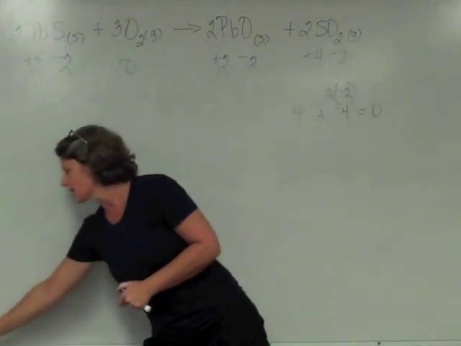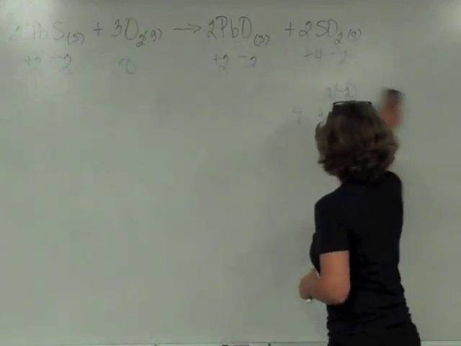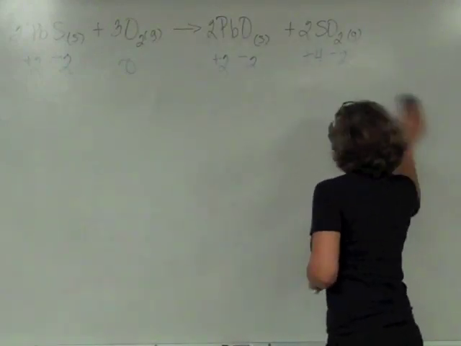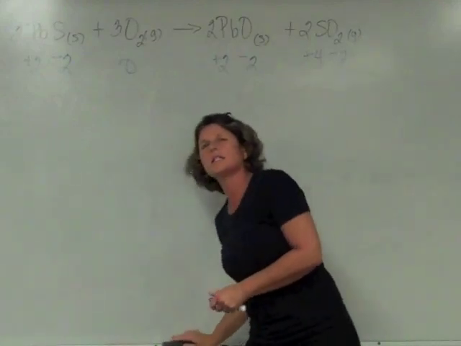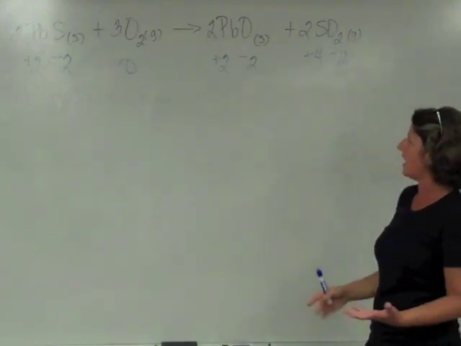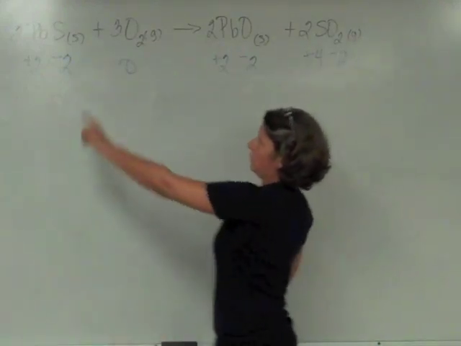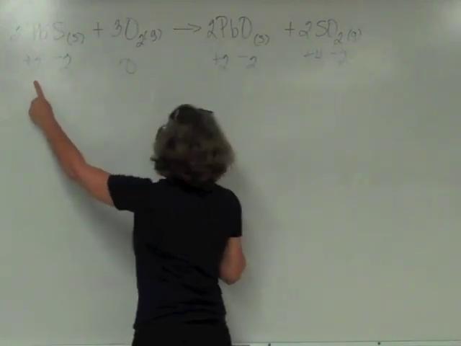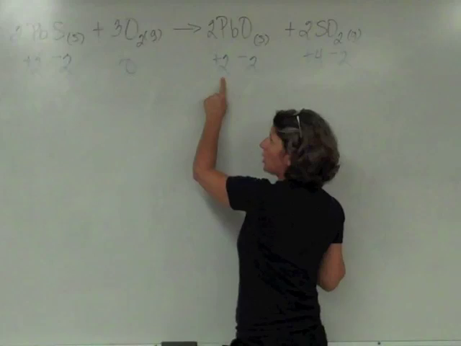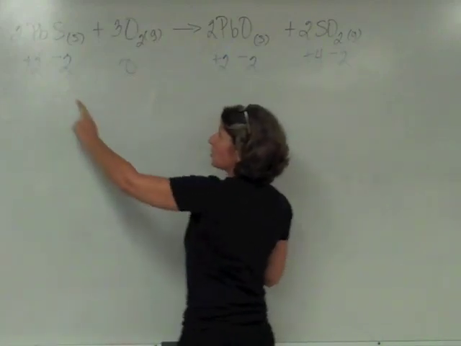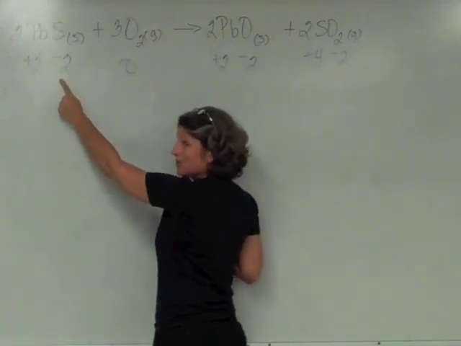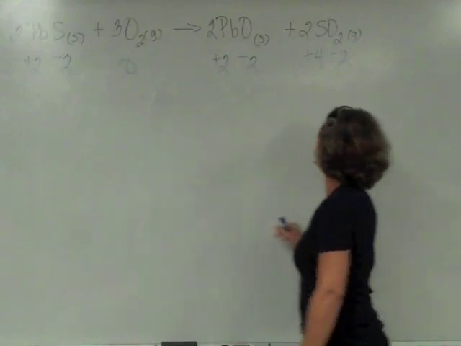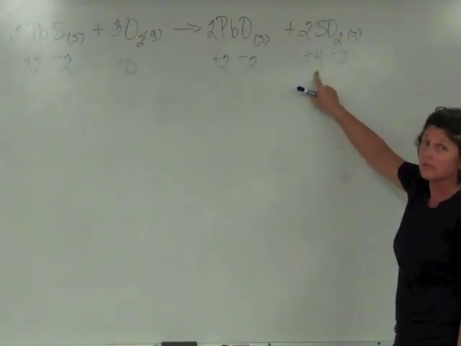So I've assigned oxidation states to everything, and now I need to see what has changed. Lead started as +2, ends as +2. Sulfur starts as -2 and ends at +4.